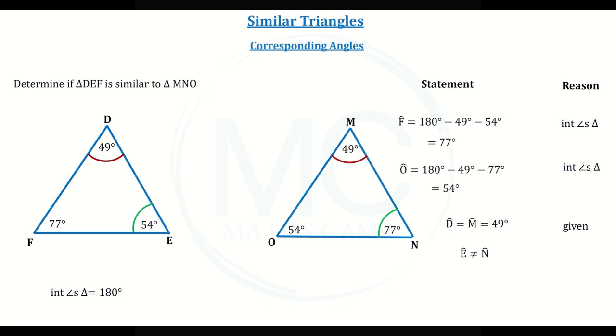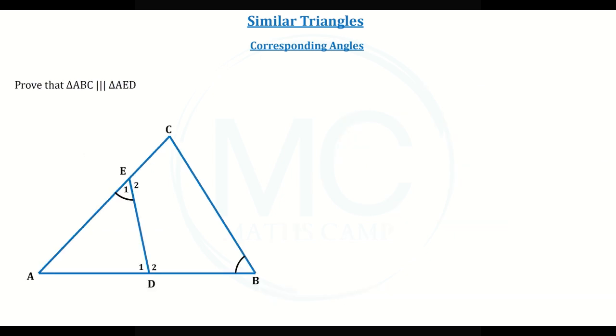It does not matter whether angle F and angle O are the same size. The fact that angle E is not equal to its corresponding angle N means that these two triangles are not similar. So we can remove the green angles and we can write our answer as triangle DEF is not similar to triangle MNO.